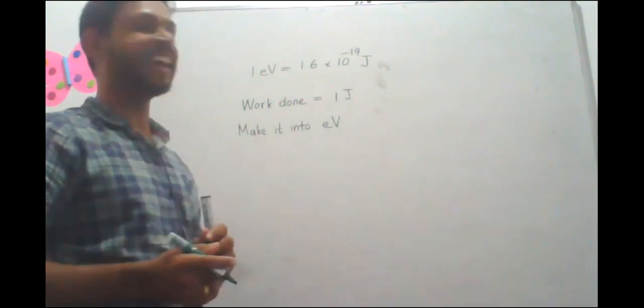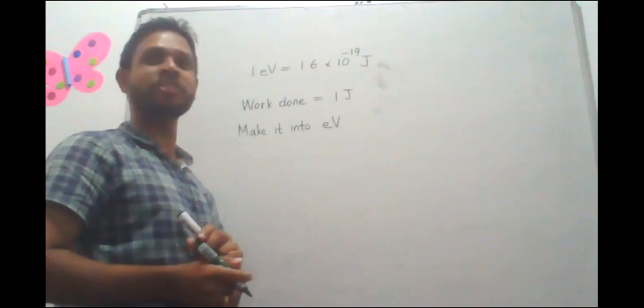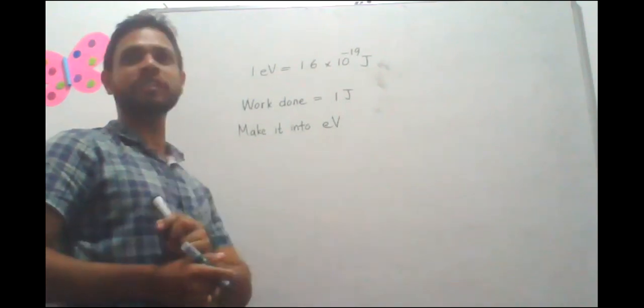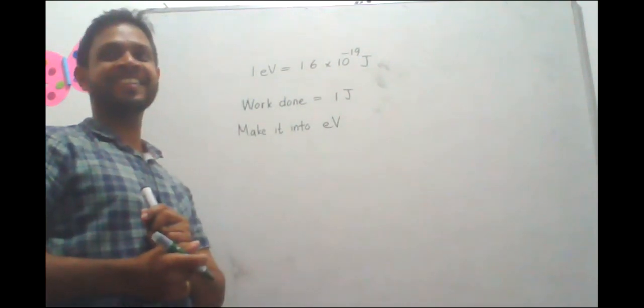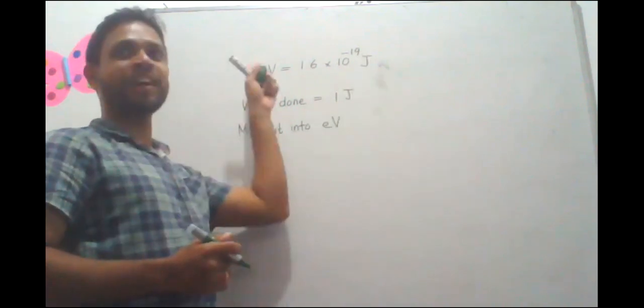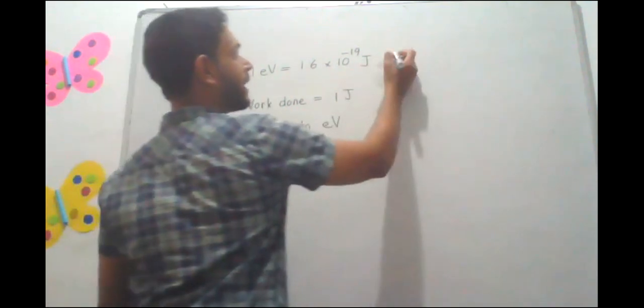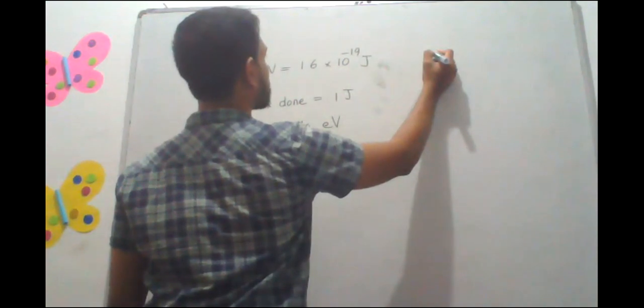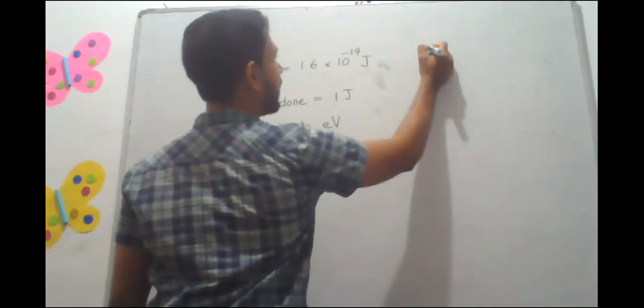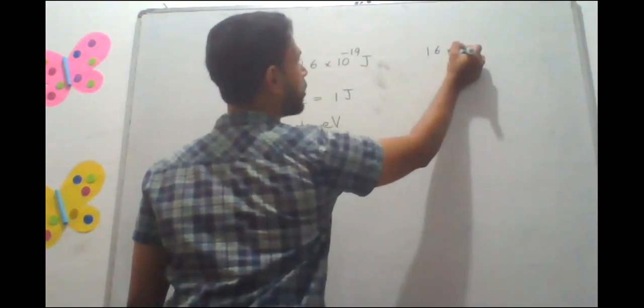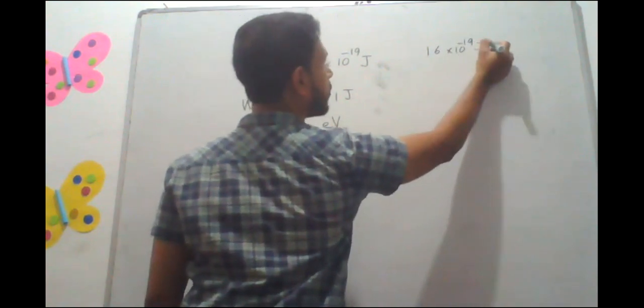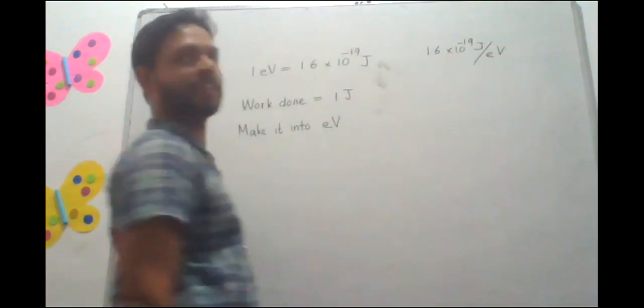But we have to do that. I have another quantity which is equal to 1 joule. How many electron volts are there? This is the other way around calculation. There are 1.6 times 10 to the power minus 19 joules per electron volt.